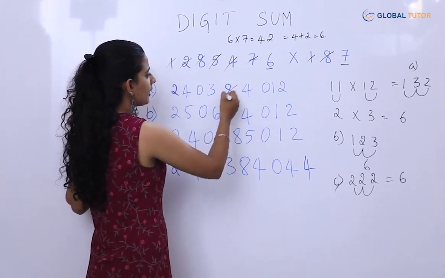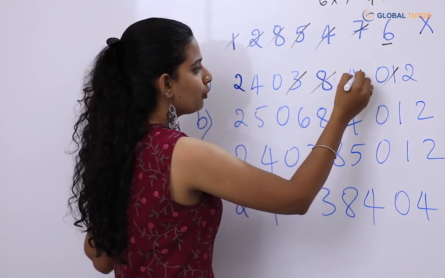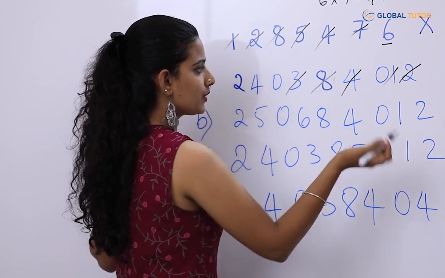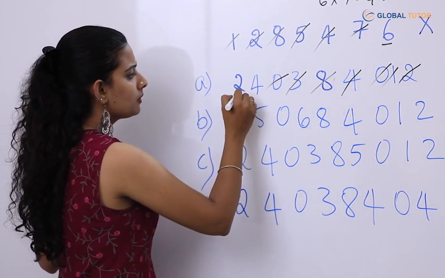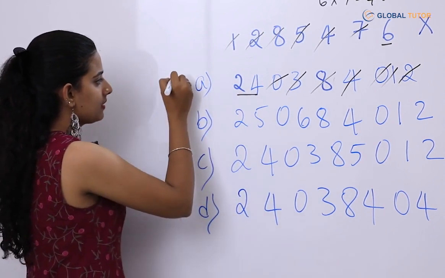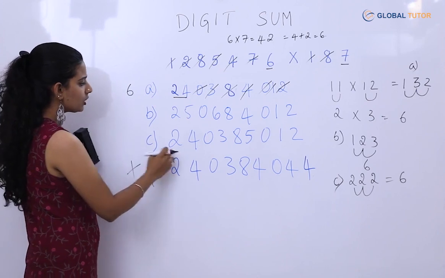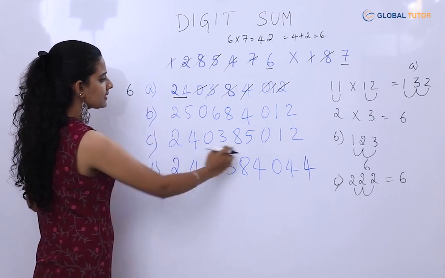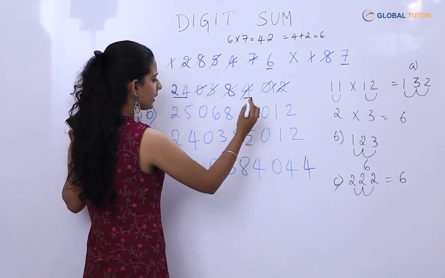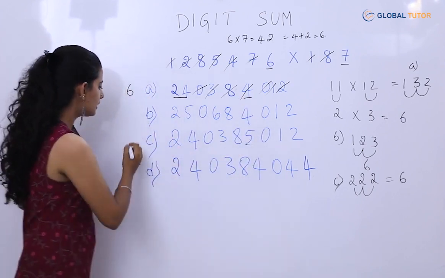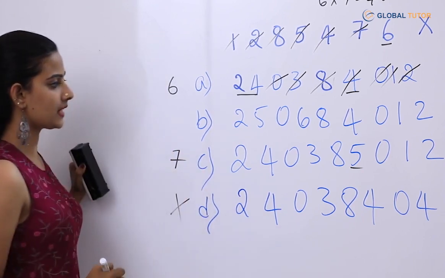So here 8 plus 1 is 9, so discard. 3 plus 4 is 7, 7 plus 2 is 9, so discard. 0 is anyway 0, so not considered. 2 plus 4 is 6. Right? This could be a possible answer. Now, if you see option C, it has similar numbers except for this place where we have 5, which means here you just have to add one more, so this becomes 7.